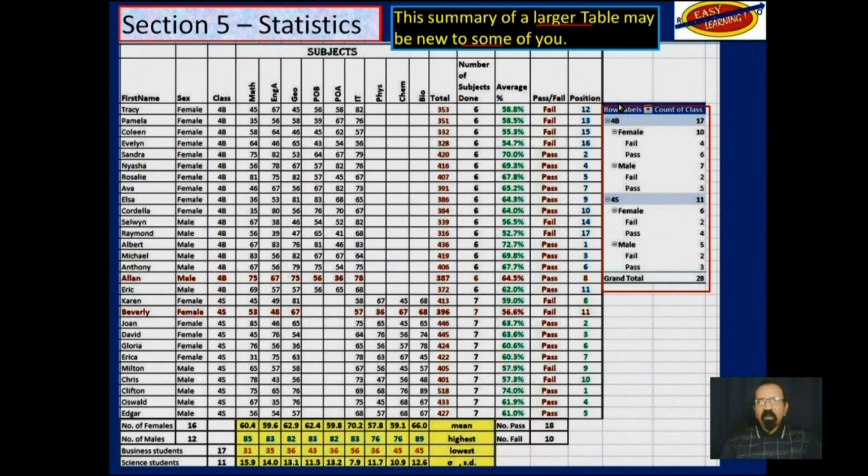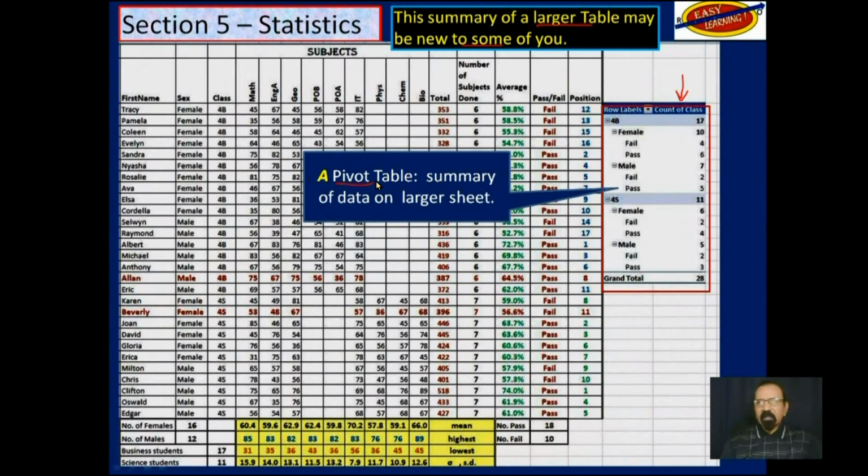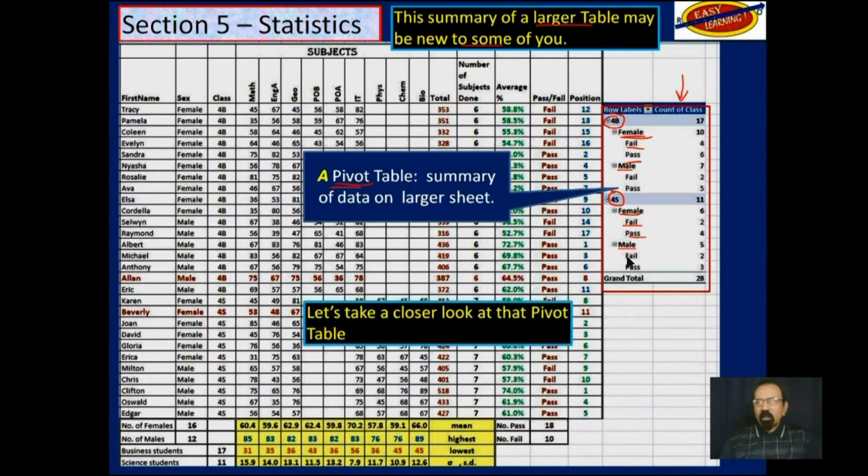It is called a pivot table, and this is one way of organizing the pivot table for this sheet. The highest level is based on class, and then female, male in the different classes, and then fail, pass. So let's take a closer look at that pivot table.